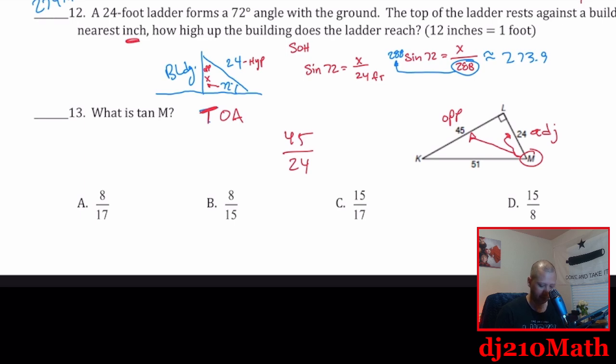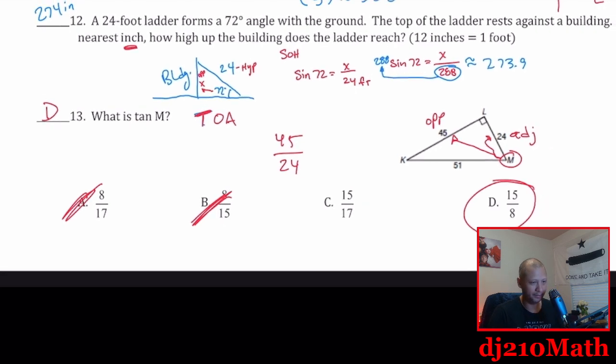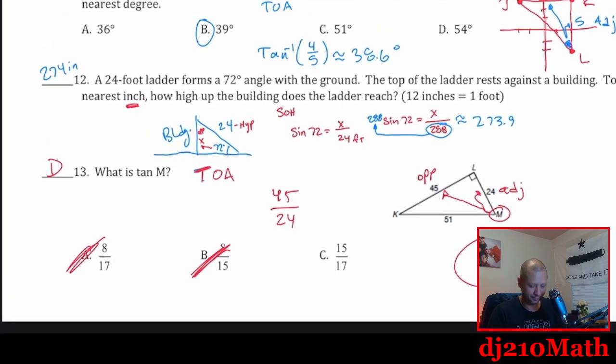However, let's use some observations real quick. 45 over 24, so the top is bigger. So we can count out A, we can count out B. If we go to our calculator, it will reduce this for us. 45 over 24, 15 over 8. Had you gone to the calculator first, that would have worked also. 15 over 8. All right, let's keep it moving.